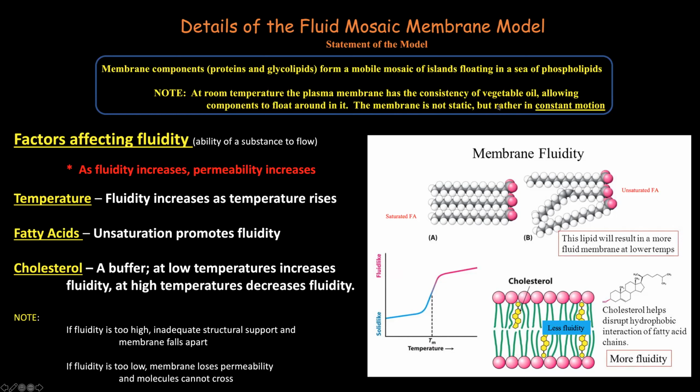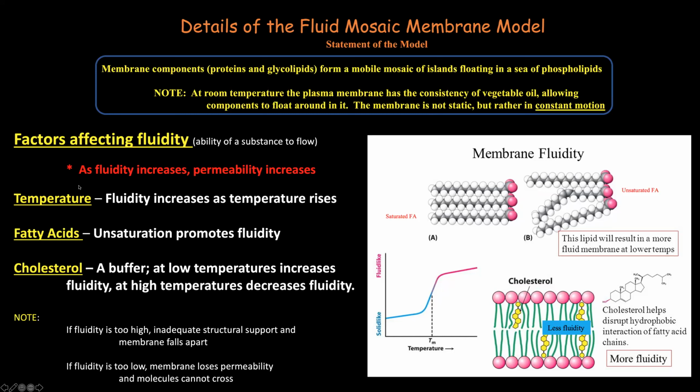And they're in constant motion. Membranes, if a cell is alive, the membrane is constantly moving. Now, factors affecting fluidity: as fluidity increases, permeability increases. So at higher temperatures, it's easier for things to get through the membrane than at lower temperatures.